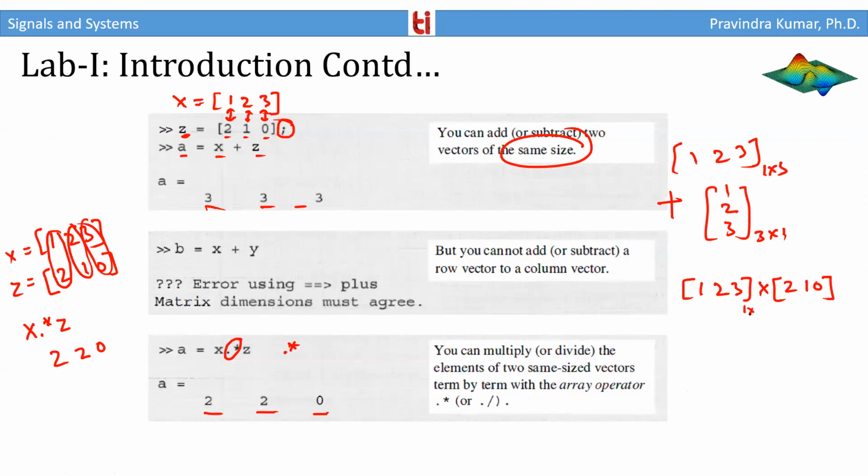This is 1 by 3, and this is 1 by 3. So these elements, the first and the last, are not going to match. So multiplication is not possible.